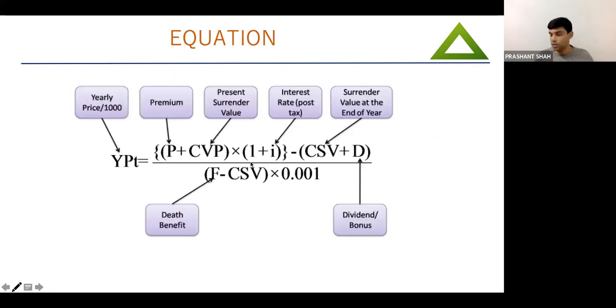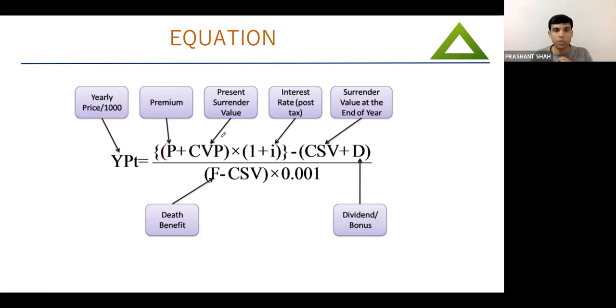As per the equation which he has given to us, this is to be understood very nicely. It is absolutely logical. This equation says that first of all, find out the surrender value at the start of the year. If you surrender the policy at the start of the year, how much money do you get? And there is also a premium that you contribute in this policy.